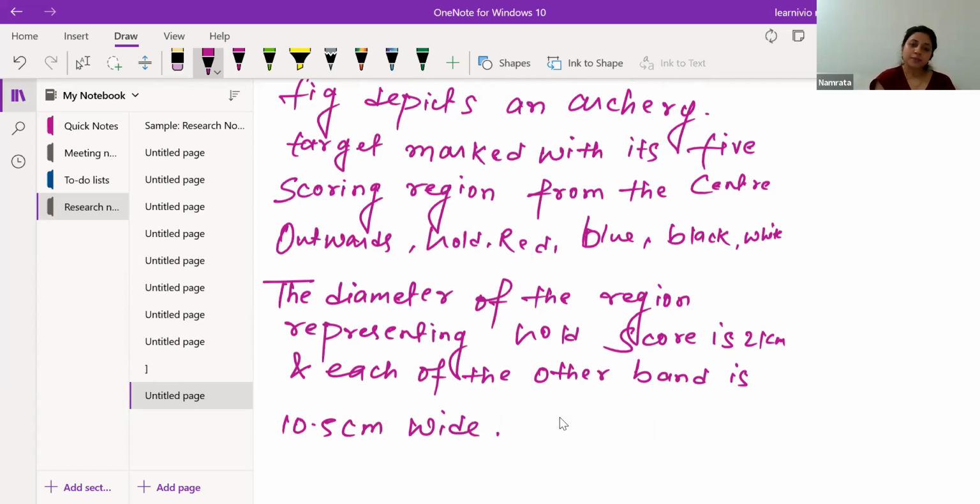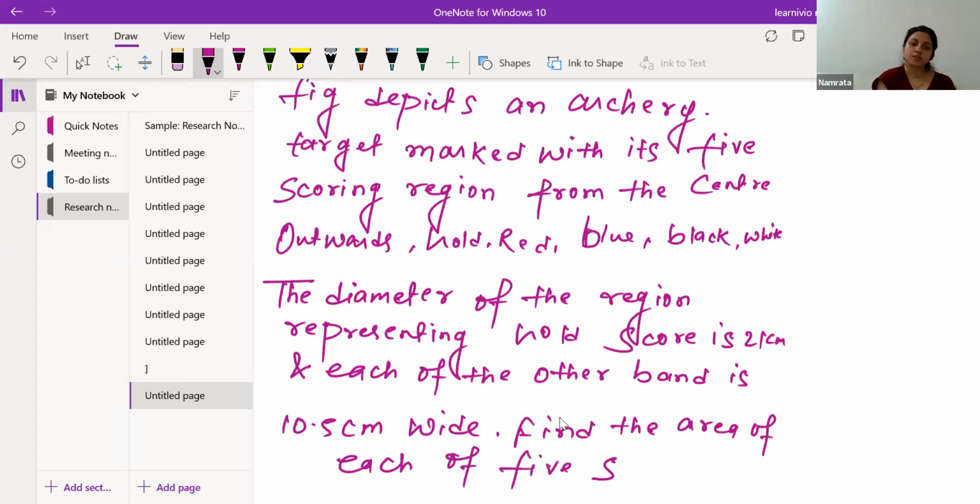Find the area of each of the 5 scoring regions. Just a minute.